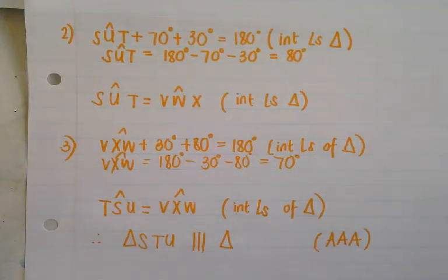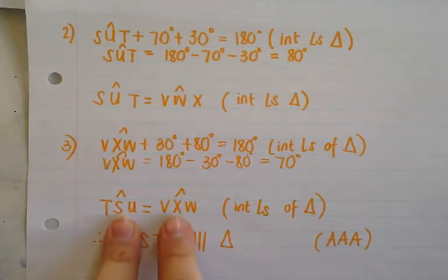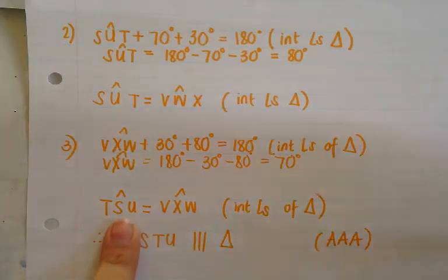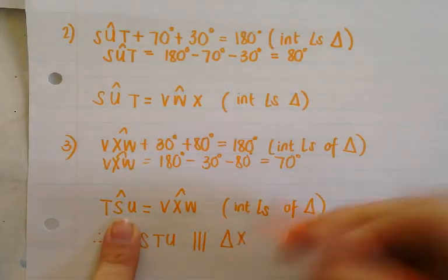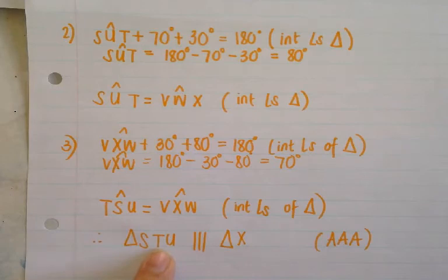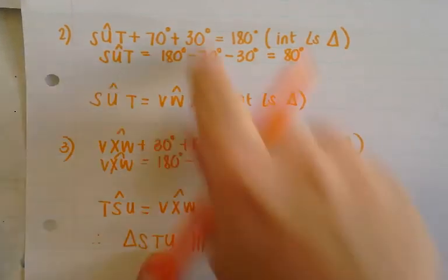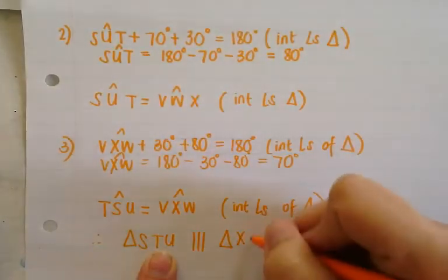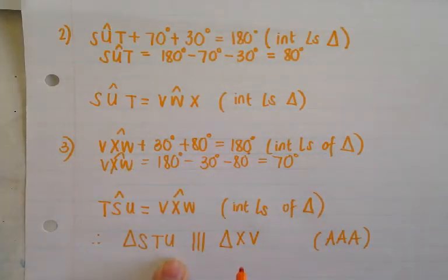So we still need a name for my triangle. Okay? So we just need to match now. What matches S? Well, let's look. S was matched by X. What matched T? T was matched by V. And what is matched by U?